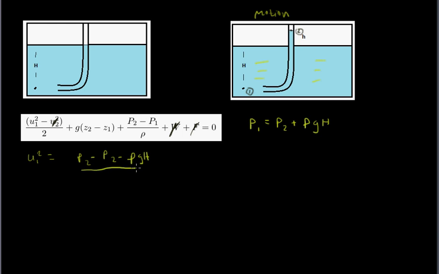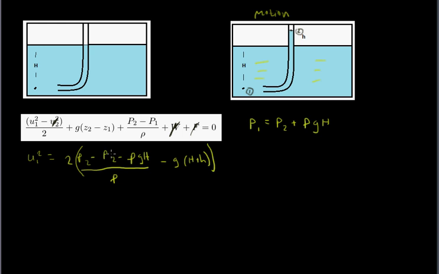That's going to be over rho. And then we're also going to be subtracting from that G times H plus lowercase h. Okay, and then we're going to multiply this entire quantity by 2.